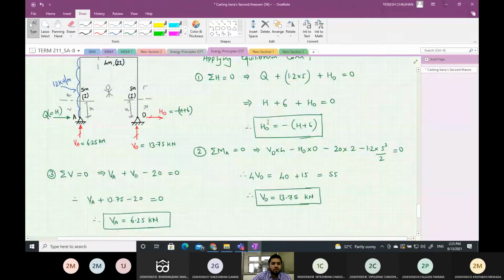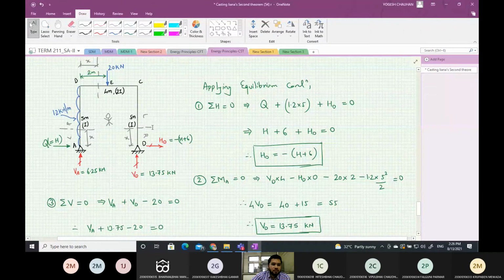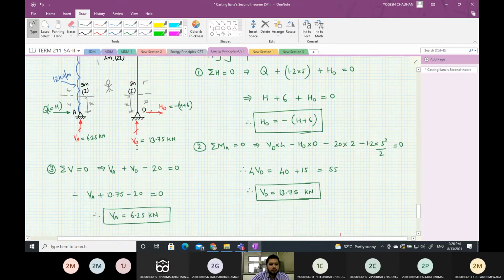Why do we do it this way? Because if I take the left of this, then I have to sum all these forces about this. To take the moment on the left side, you have to sum all these forces, and if you take the right side, you have to sum only these forces. So that's the advantage.